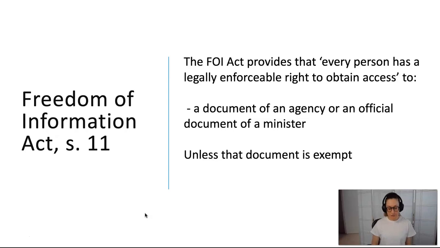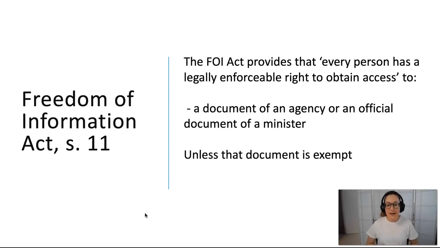Importantly, the Act refers to person, and that is considered to have a broad meaning. So a person does not have to be an Australian citizen or an Australian resident to rely on the Freedom of Information Act. And a person will also encompass a company or an organisation. They can also request access under the Act.